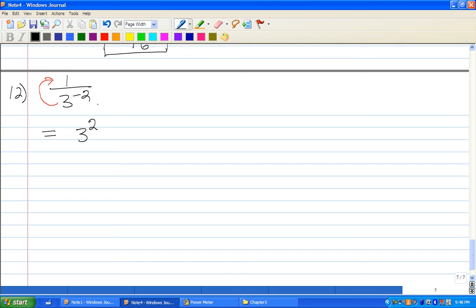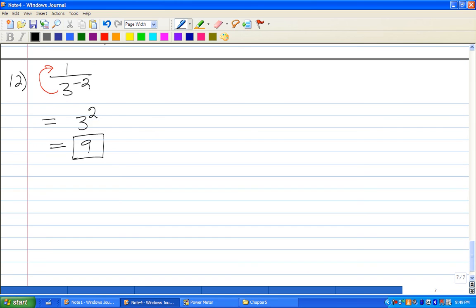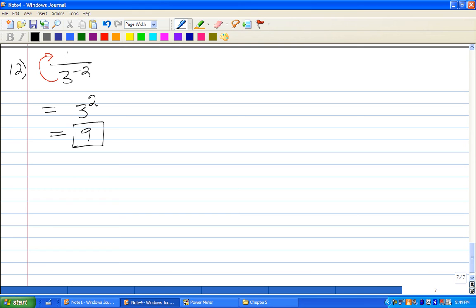There was just 3 to the negative 2 in the denominator, so there's just a 1 remaining in the denominator. I don't need to write that. 3 squared is 9. And so 1 over 3 to the negative 2 is just equal to 9.